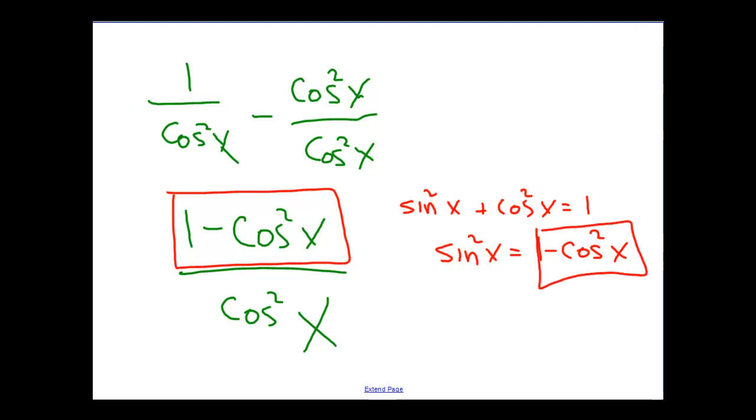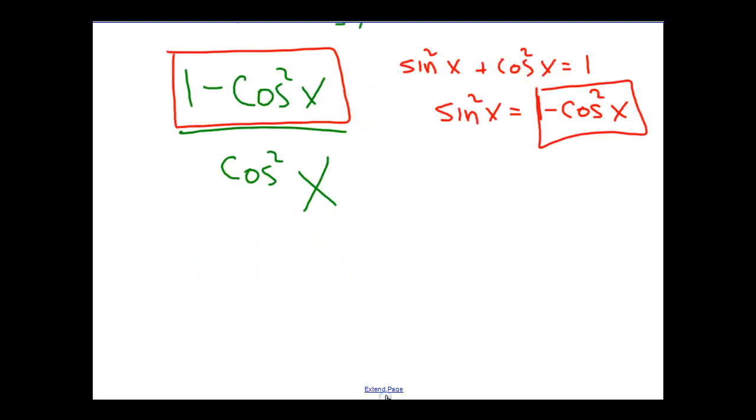So I have the same thing in these two places, which means I can do a substitution here and rewrite this as the sine squared of x over the cosine squared of x. So all I've done here is replaced 1 minus cosine squared x with what it's equal to, simply sine squared x.